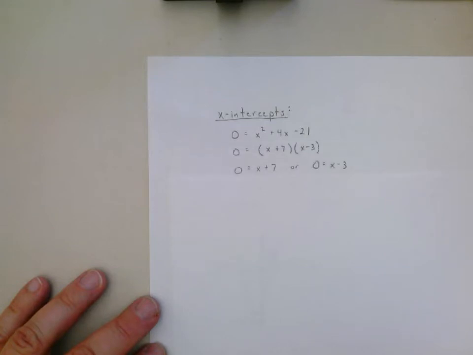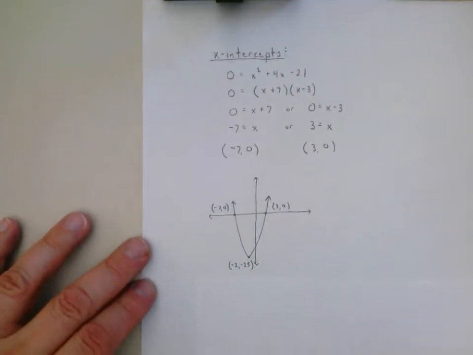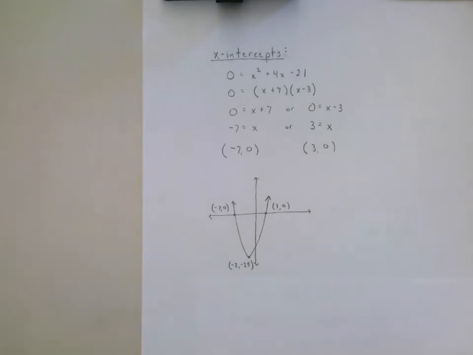So using the zero product property, I end up with x-intercepts at negative 7 comma 0 and 3 comma 0. Putting all those together on my graph gives me a graph that looks like this. Here's our vertex that we found at negative 2, negative 25, and our two x-intercepts.